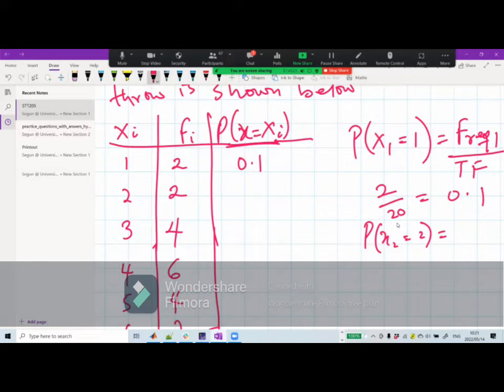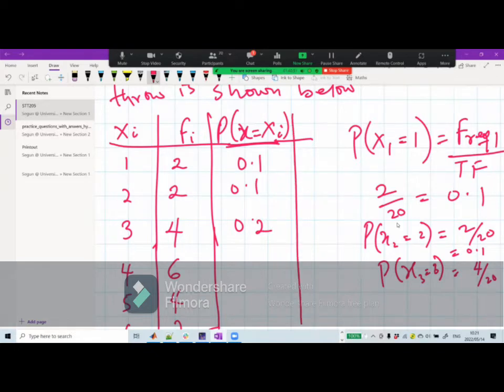That is, we are taking it one by one: x1, x2, x3, x4, x5, x6. 2 divided by 20 is 0.1. So what is the probability of x3? 4 divided by 20 is 0.2. This aspect is very important.